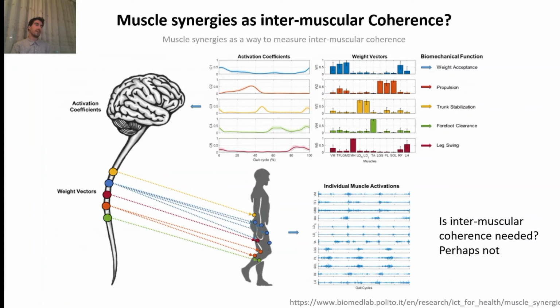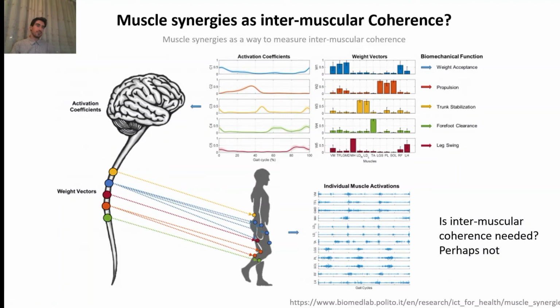So not all muscles are singularly controlled, but rather muscle synergies, which are groups of muscles controlled together to make the movement that you want to do. According to this theory, the CNS controls a small number of muscle groups rather than coordinating every single muscle involved in a specific motor task, that is, a muscle synergy.